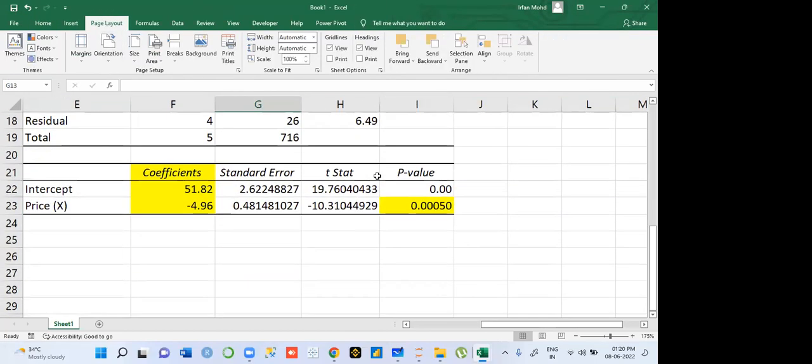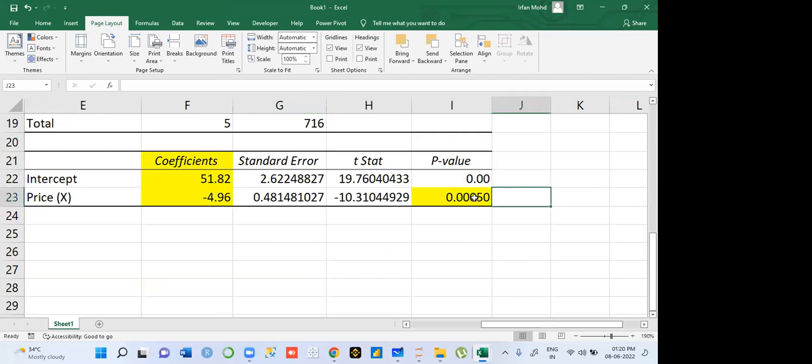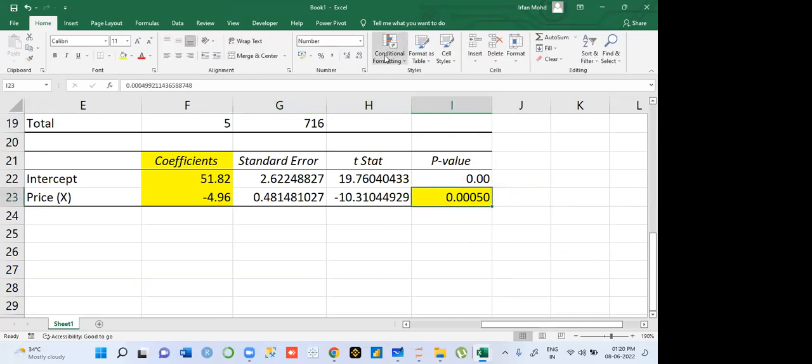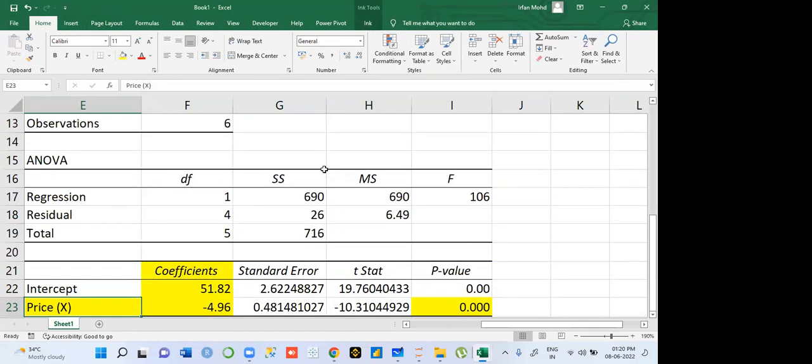Is it less than alpha or greater than alpha? If the P value is less than alpha, what do we do? We reject H naught. We look at the P value of price because our objective is to find whether price has a relation or not. If the P value of price is less than alpha, we reject H naught. Clear? Any question?